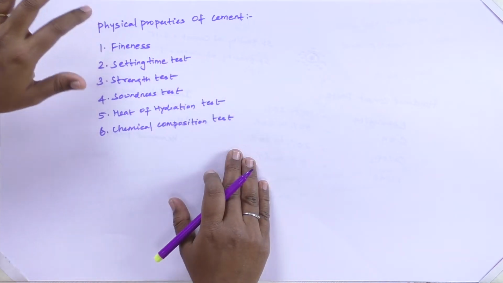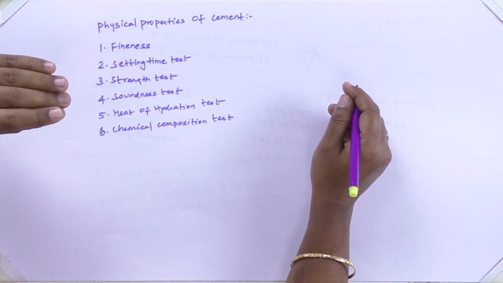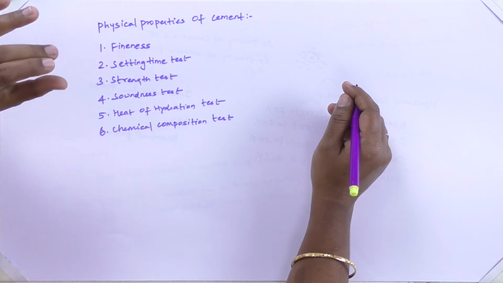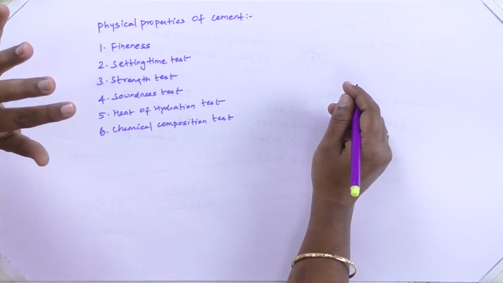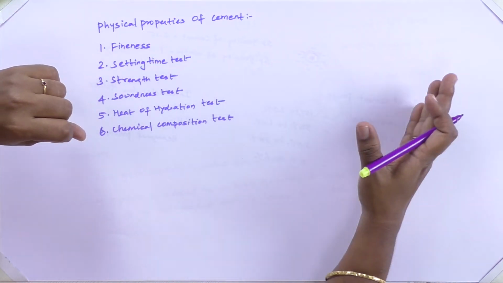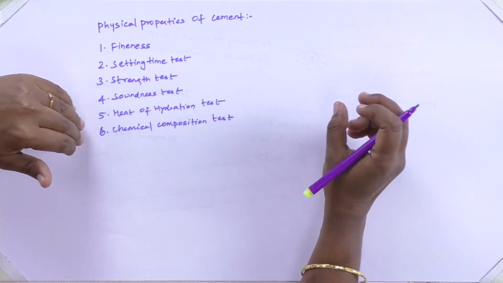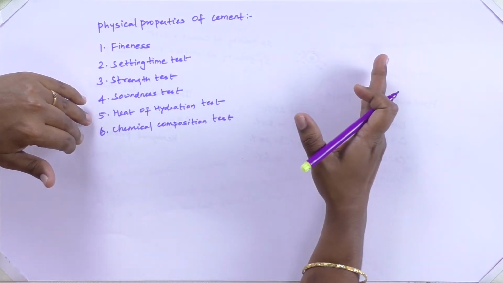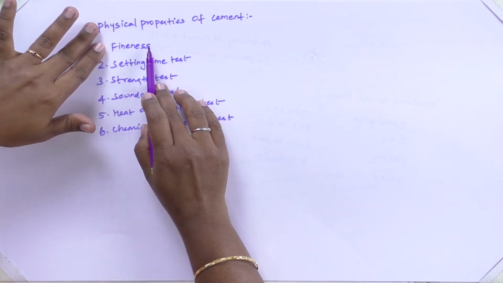A small cement particle gets easily reacted with water, whereas a large cement particle does not get easily reacted with water, that is, the time taken will be more. How the size of a particle affects the rate of development of strength is related to this fineness.